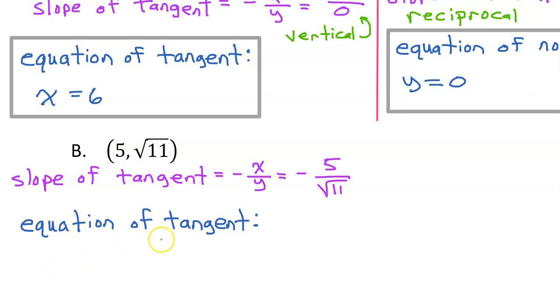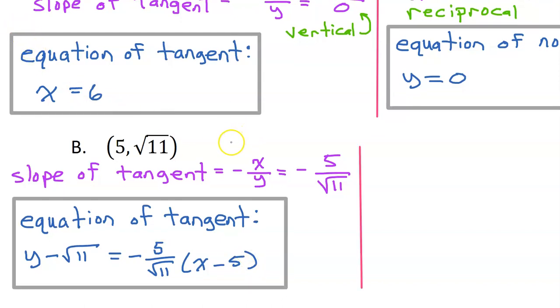We can write the equation of the tangent line using point-slope form. So we will say y minus radical 11 is equal to the slope, which is negative 5 over radical 11, times x minus 5.